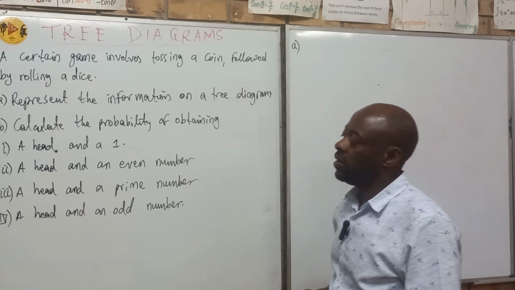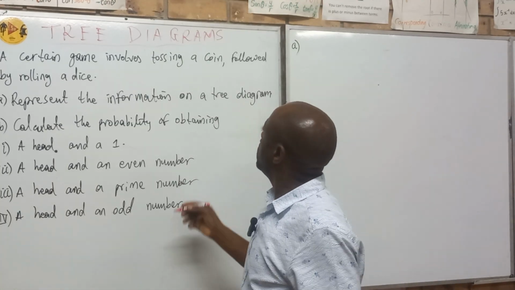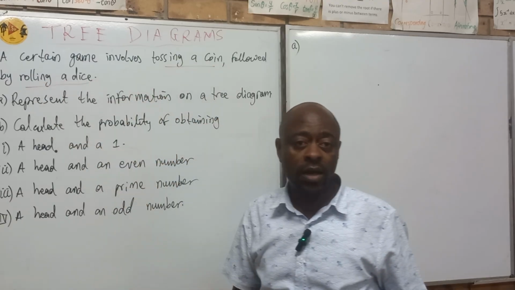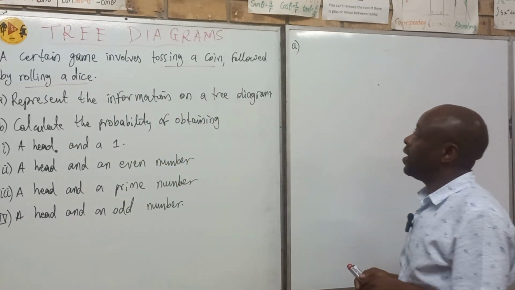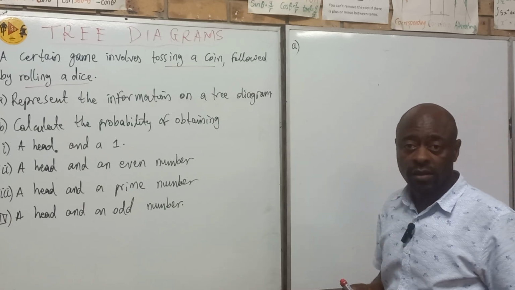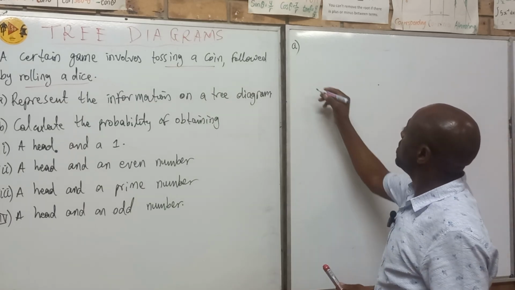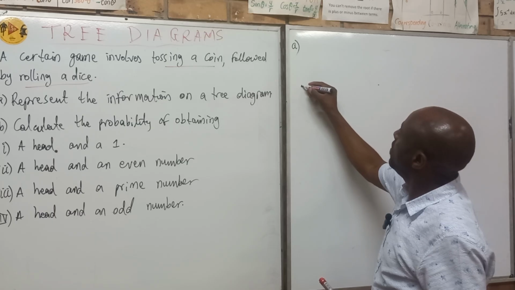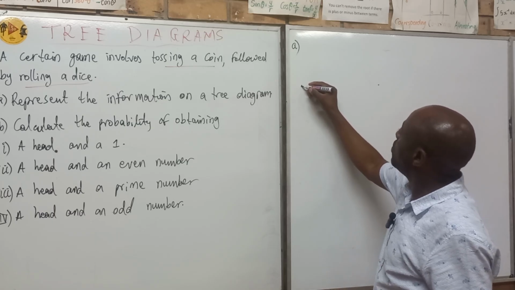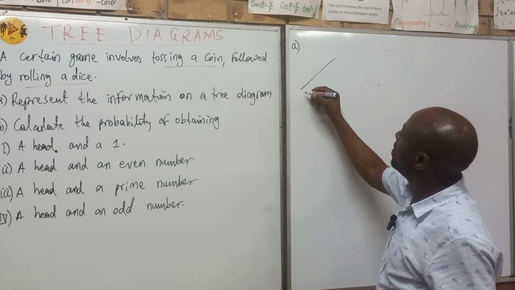So we know that this game involves tossing a coin followed by rolling a die. A coin has only two options, a head and a tail. A die has six. So that means in my tree diagram, the first part, which is for a coin, should have two options.